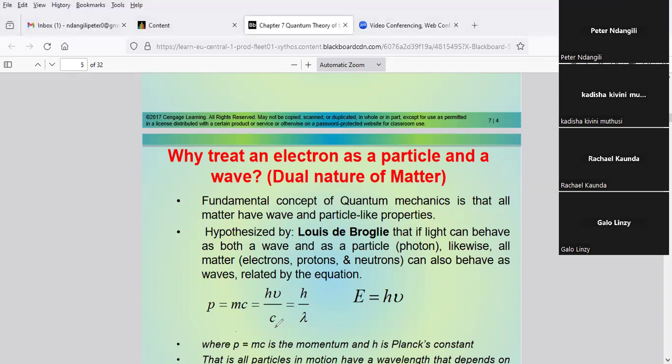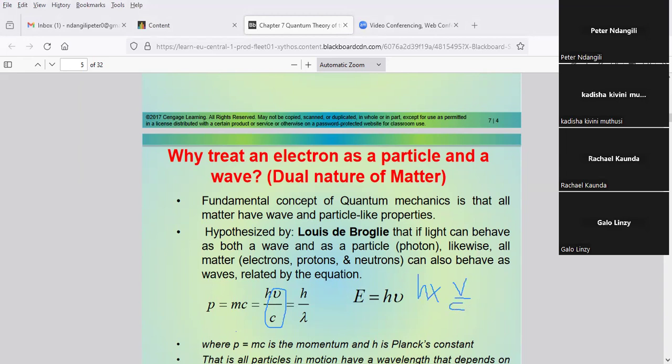Very good. This is what happens. Let me just concentrate on nu over c. So we have h multiplied by nu all over c.